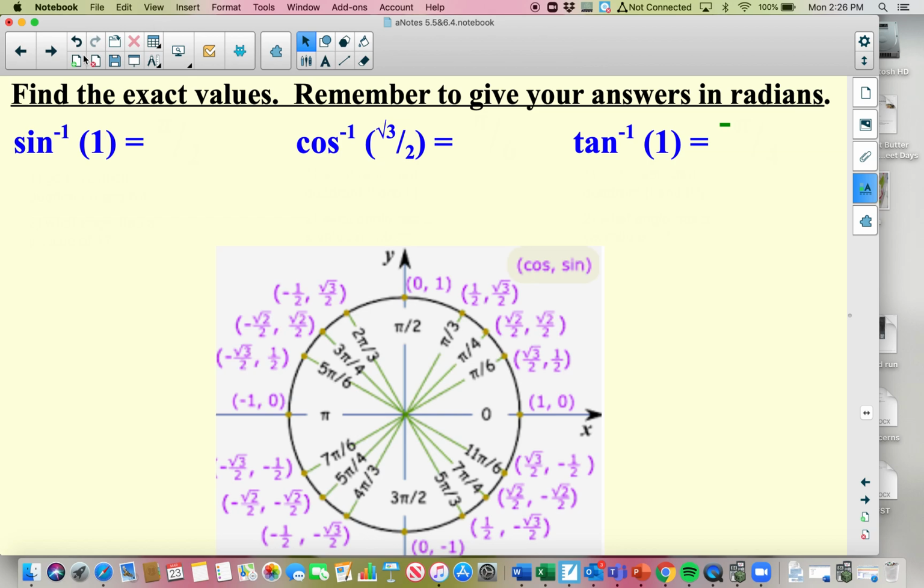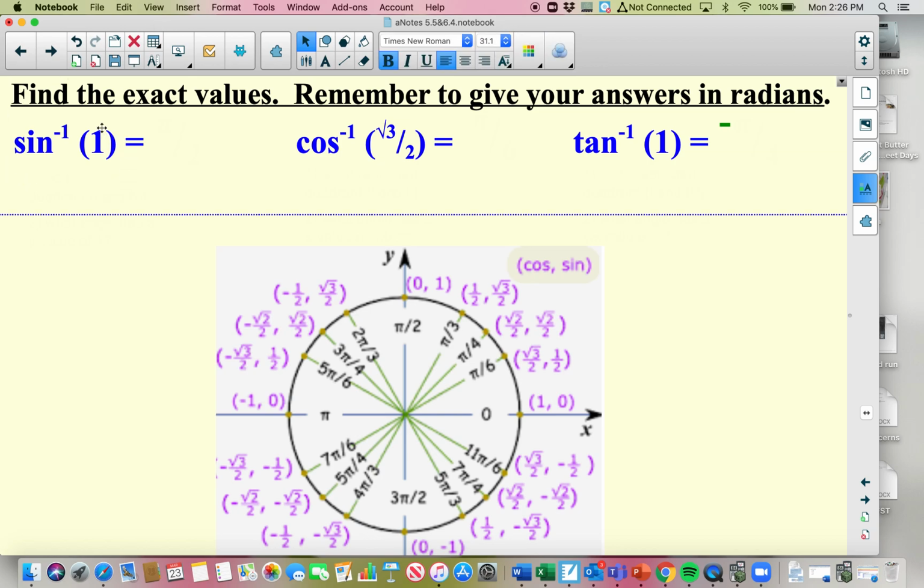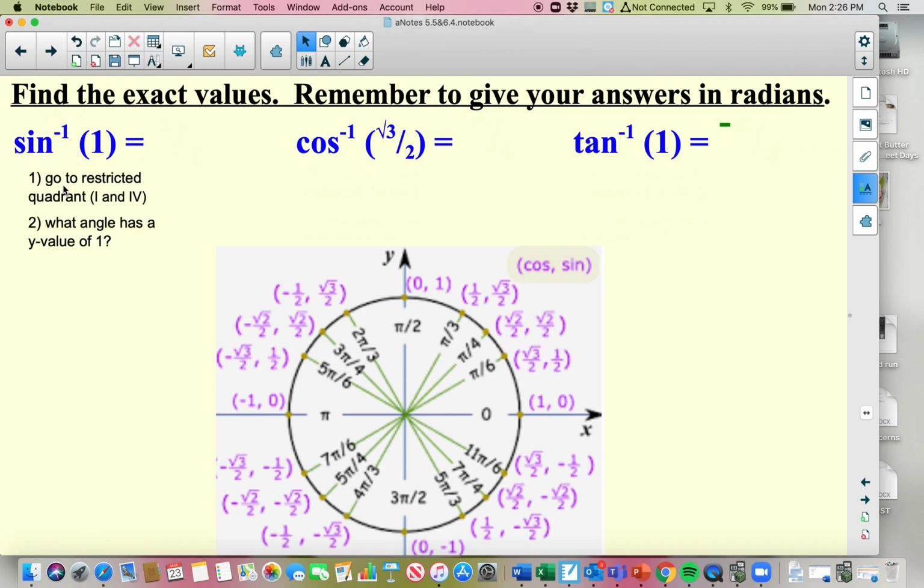When it says inverse sine of 1, what does that mean? In words, inverse sine of 1 means go to the restricted quadrants. Inverse sine is restricted to quadrants 1 and 4, so I only care about these two quadrants. This is really saying what angle has a y value, because sine is y, of 1.